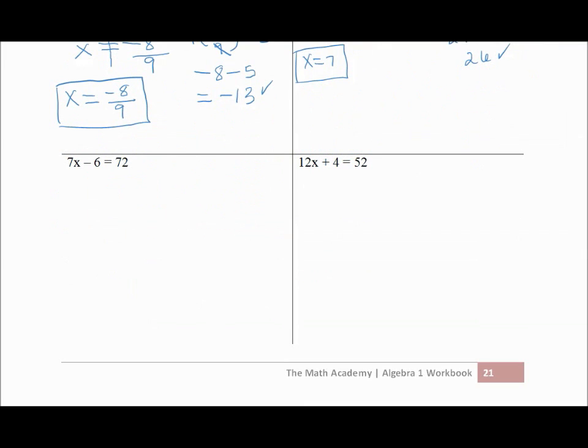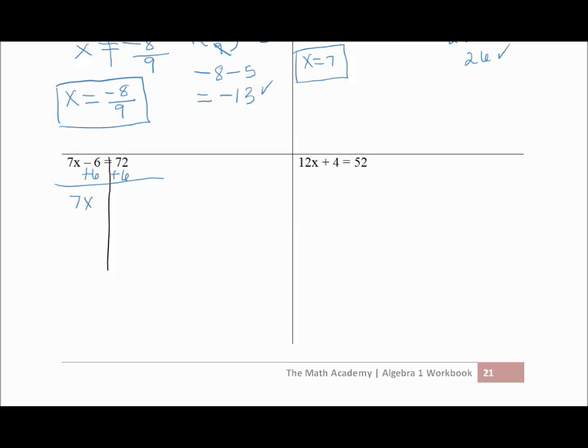Check the last two. The next one I have is 7x minus 6 equals 72. Start off the exact same way, draw my line. Now I have a minus 6, so I need to plus 6. This has to be the first thing that I do.